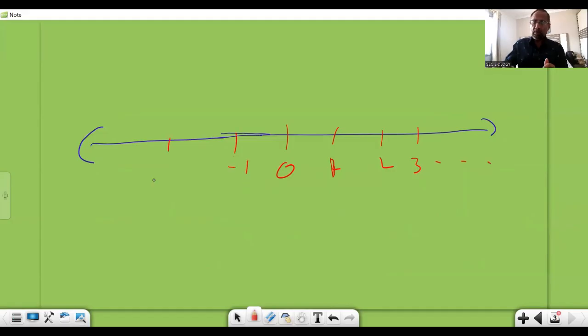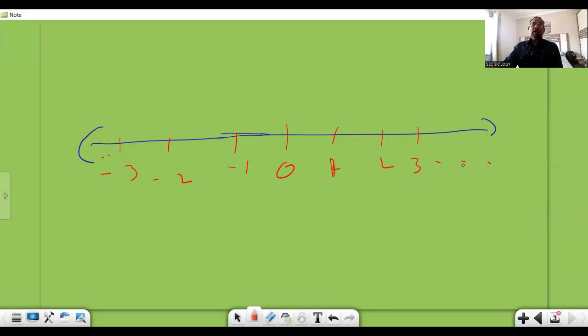Here minus 1, minus 2, minus 3. You know the number line. These are integers. We study many decimals between 0 and 1. Many fractions are there between 0 and 1. Now listen here. Fraction is part by whole. So what is a decimal?